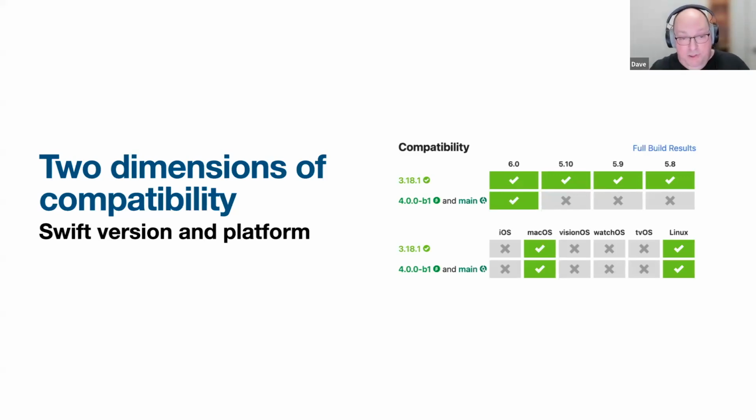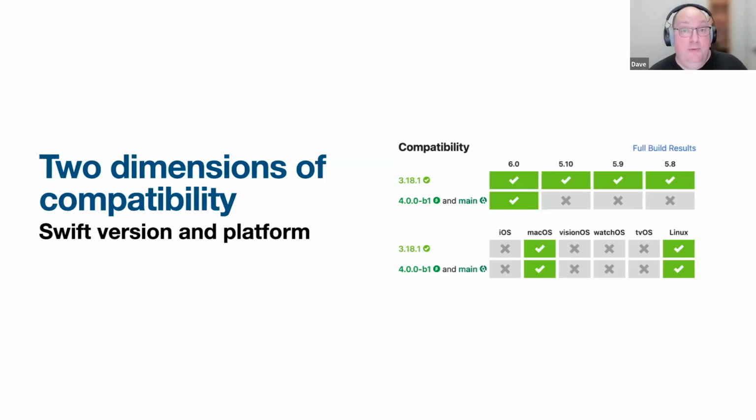First, Swift version, of which we always have compatibility testing for the latest 4 versions of Swift. So as 5.8 rolls off at some point, or as 6.1 comes around, we'll roll 5.8 off, so that we always have just the most recent 4 versions, which copes with most people's real world situation. And we also have platforms there, all of the Apple platforms, and then Linux as well.